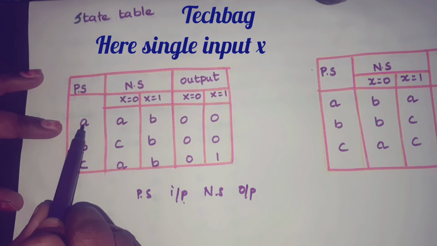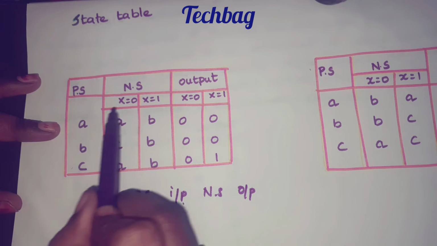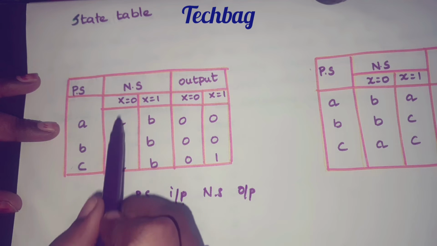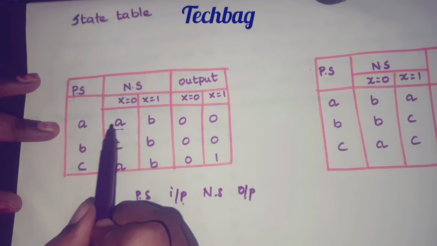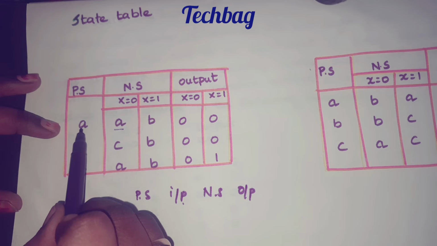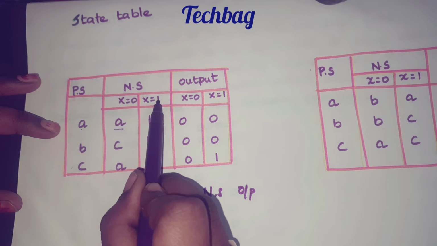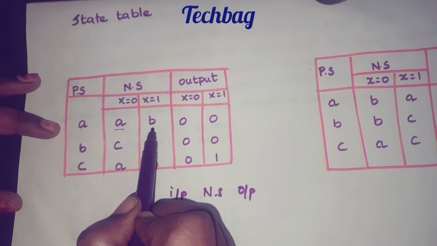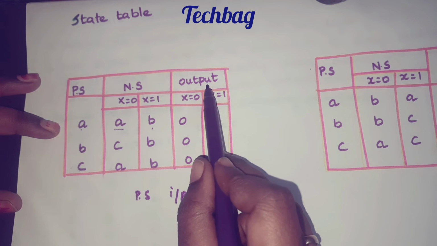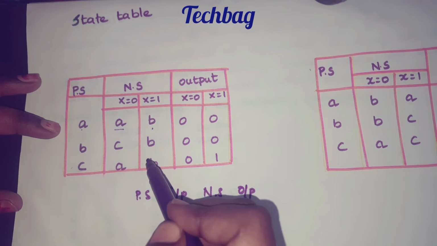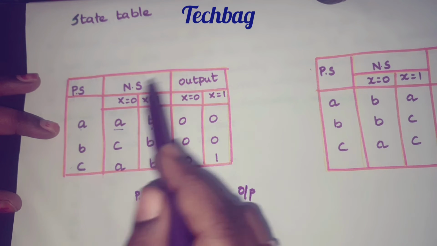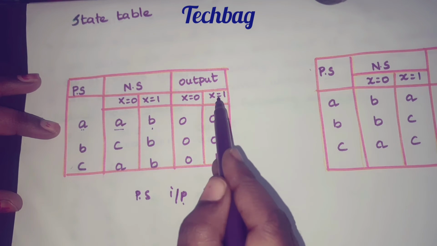Here if present state is A and your input is 0, then the next state is A. If your present state is A and input is 1, then next state is B. Similarly, for output, it is a Mealy model, so your output depends upon both present state and the input. So you have to write input here.